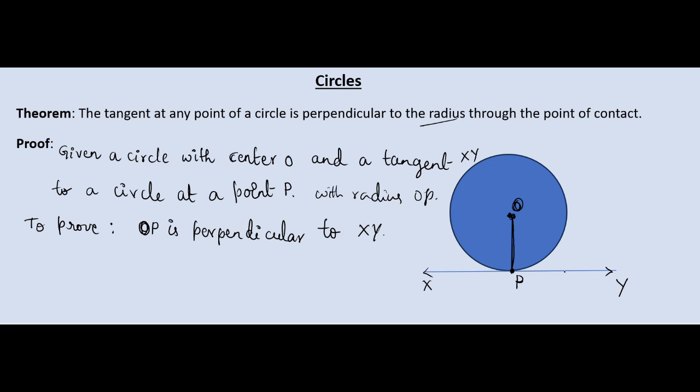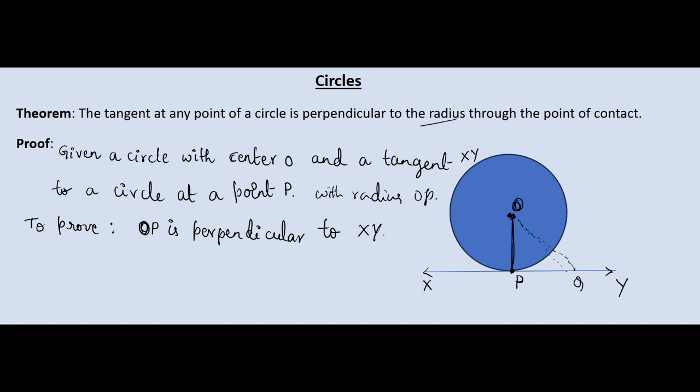First, take a point Q on this tangent XY, other than this P, and join this OQ.